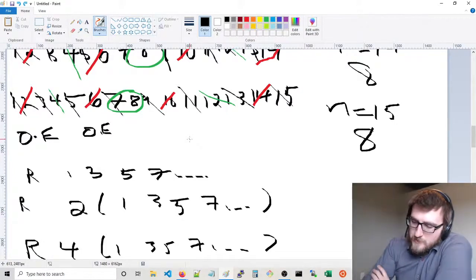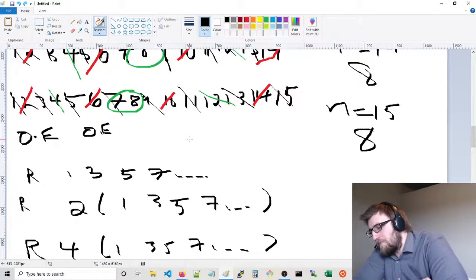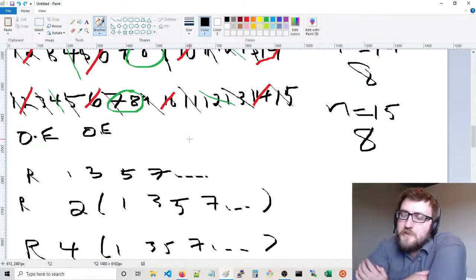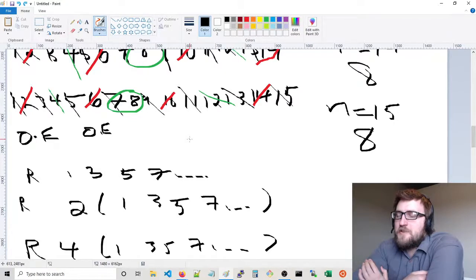Because each time we can figure out how many of these numbers are left, I'm not really sure. I guess what I'm trying to say is we could probably determine the end result of each of these steps without actually executing them, if that makes sense.